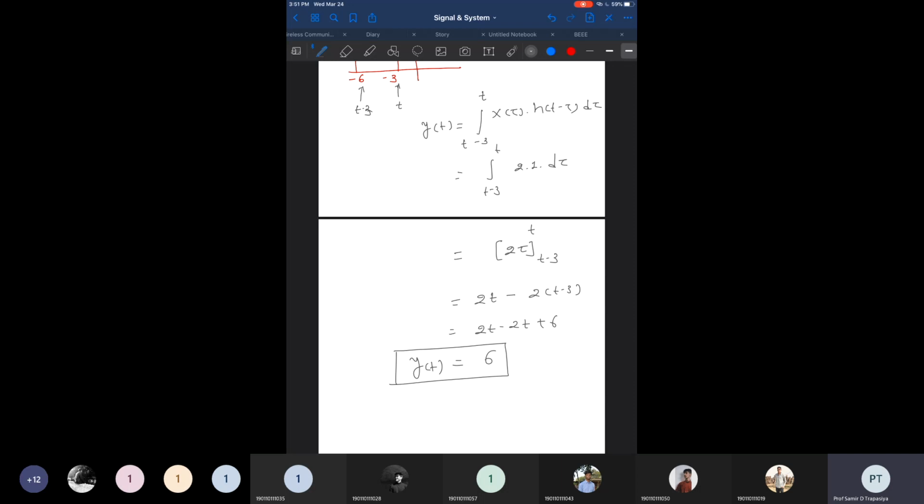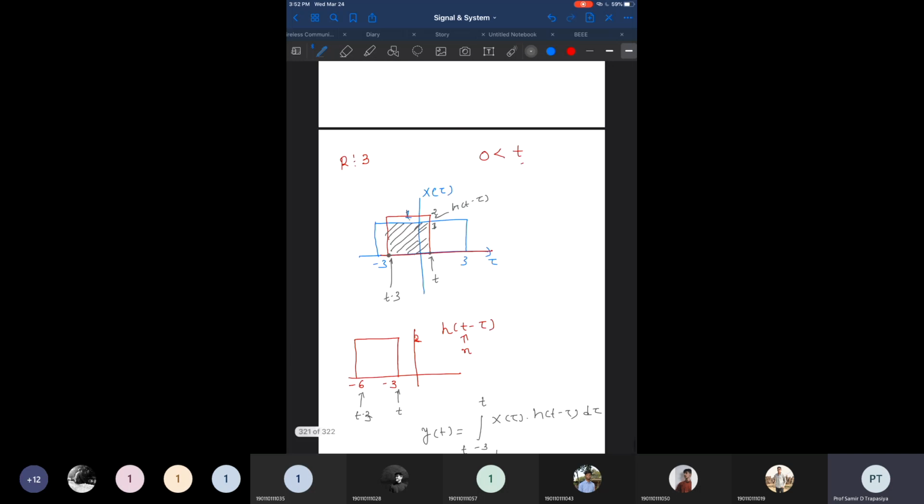If y of t is equal to 6, then it is a constant. It doesn't depend on any value of t. It is a constant line at any value of t. But how long will this region be bounded, with 0 as the lower boundary? What is the upper boundary? I mean, at what value of t does this scenario exist? Either t minus 3 will not cross 3 or t will not cross 3.